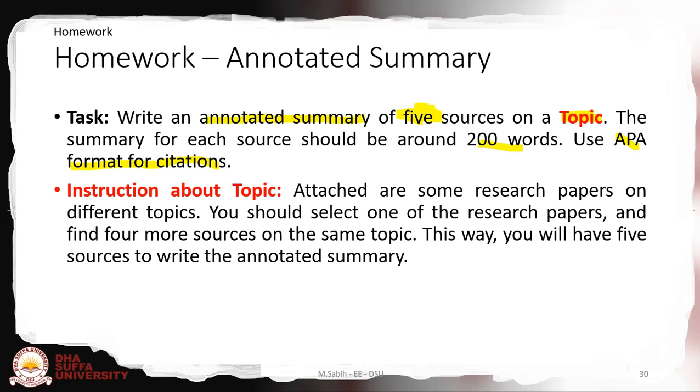I will upload some research papers on different topics. You have to select only one research paper, and then you have to find 4 more sources by yourself on the same topic. So the total will be 5, and then you have to write an annotated summary out of those 5 sources.